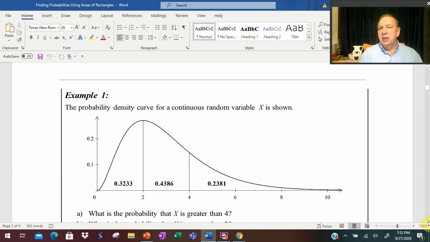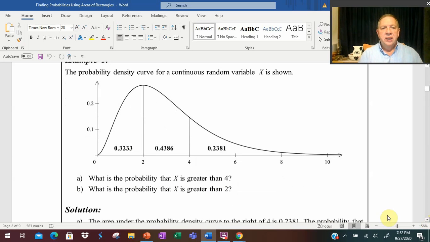Just like we did when we broke down the empirical rule, there was 68% between plus and minus 1, so that was 34% between the mean and one standard deviation down, and then the mean and one standard deviation up, the 34%, the positive piece of it. So here are some questions that you could be asked. What is the probability that X is greater than 4?